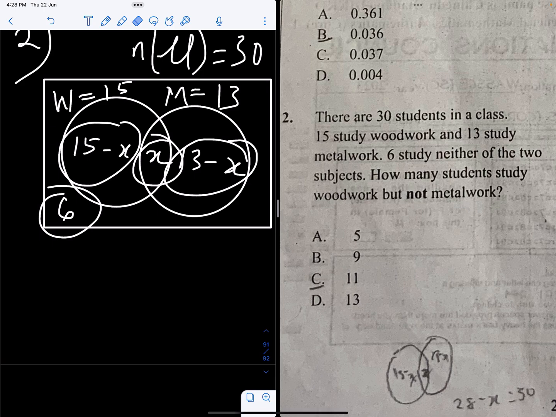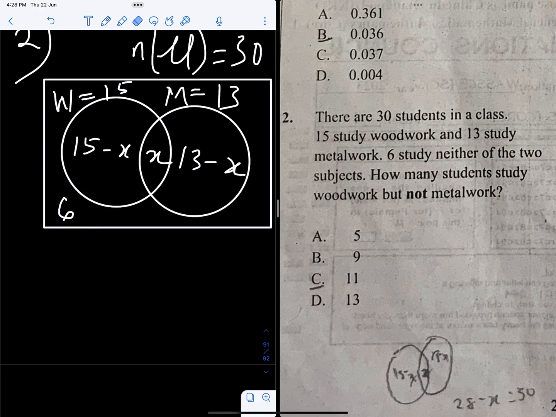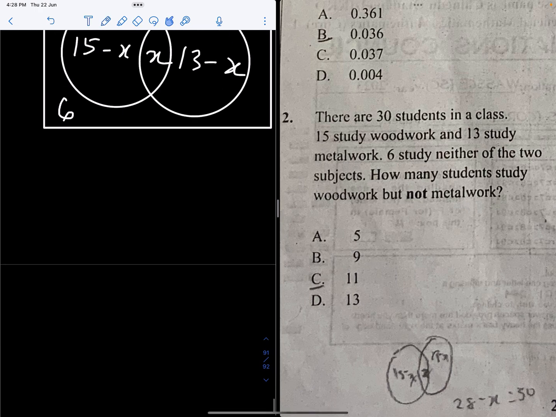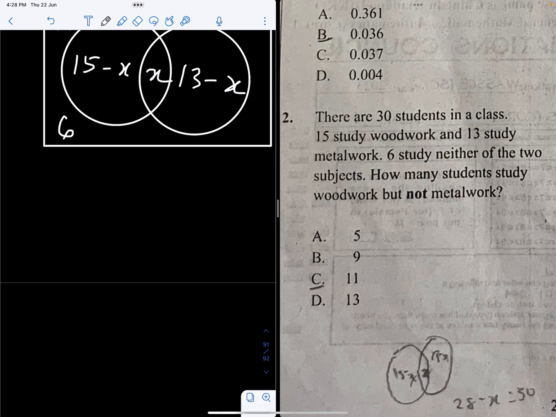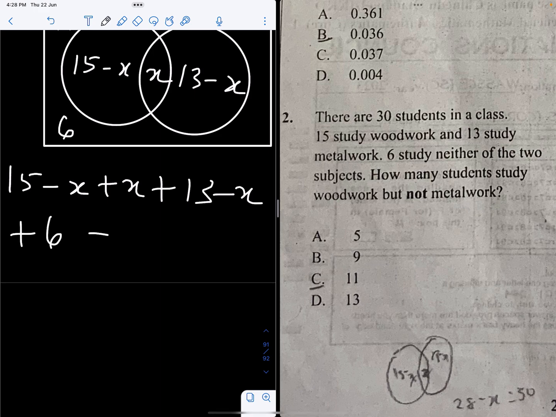And that's what we're doing now. Oh no, I shouldn't clean the circle. So now how do we find that? 15 minus X plus 13 minus X plus 6 equals 30.